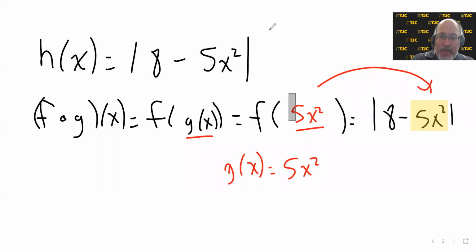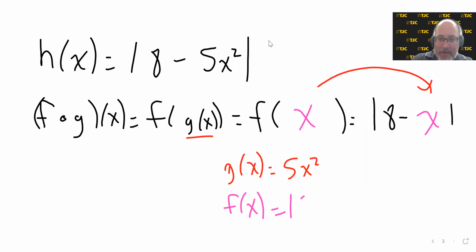Well, if we get rid of this and where it went, then we kind of see the skeletal structure of what f would do in this case. And we can see it more clearly by saying, let me put an x here and an x here. So it looks like f of x equals the absolute value of 8 minus x would get the job done as well.